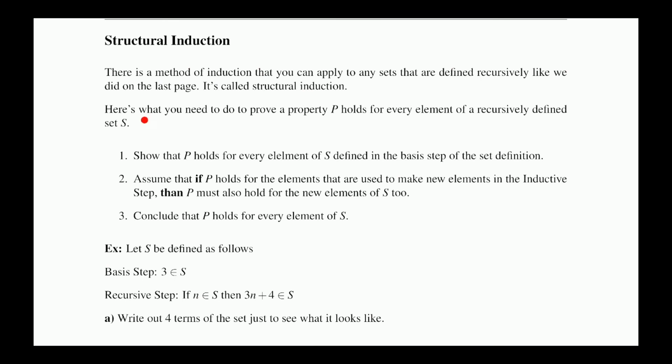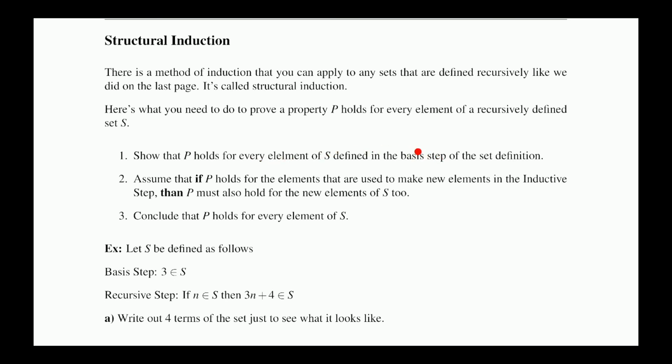So you've got a property that you want to show, and you want to show that everything in the set has the property. So what you do is it's a two-step process, just like induction usually is. So you show that P holds for every element of S defined in the basis step.